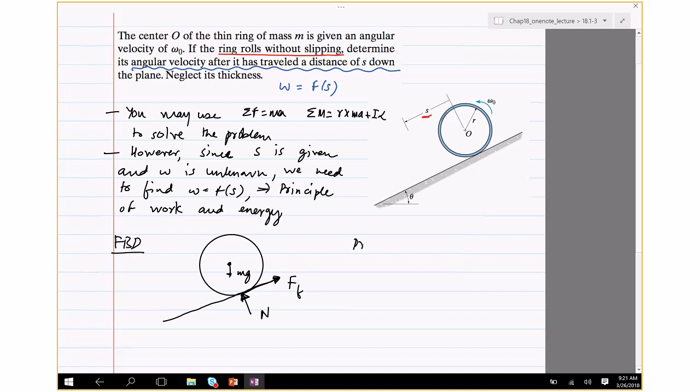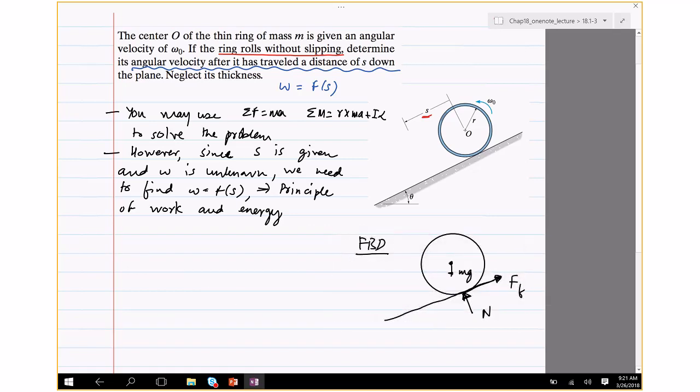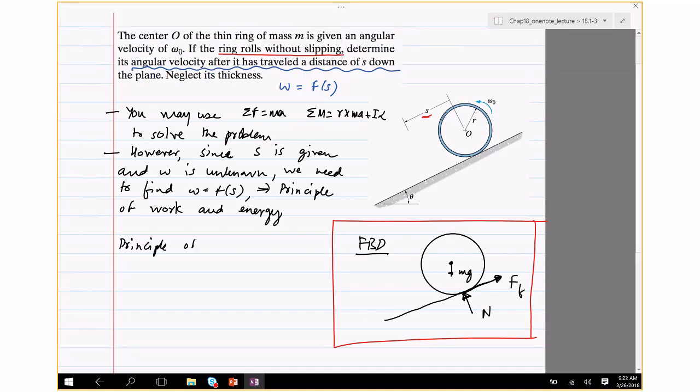Okay, so let me write the principle of work and energy, which states that T1 plus U12 is T2.